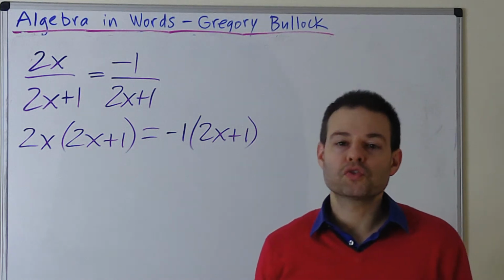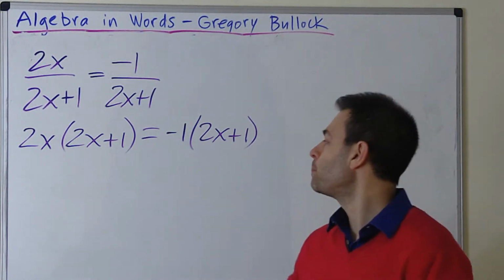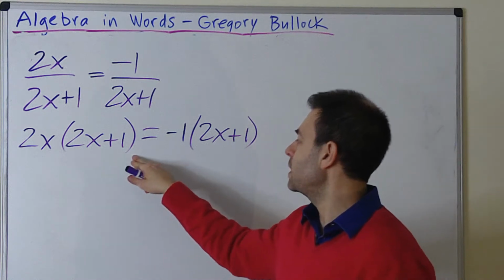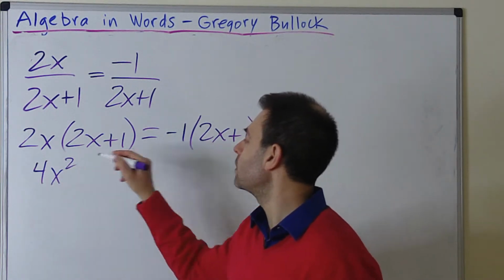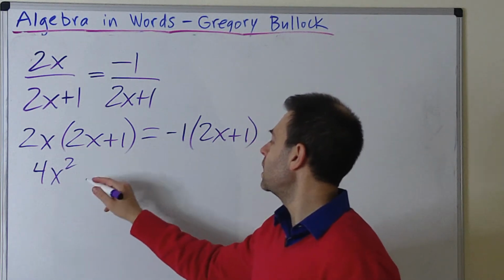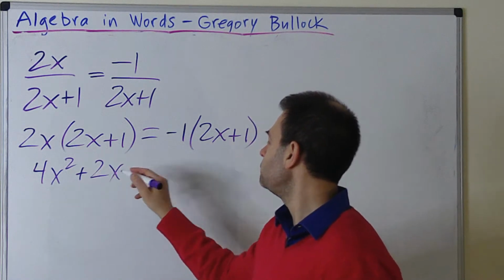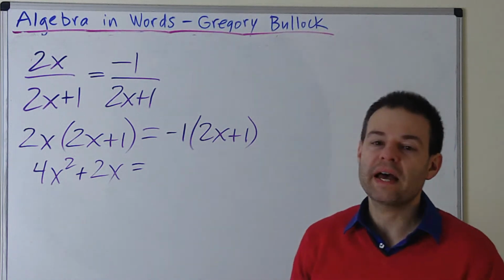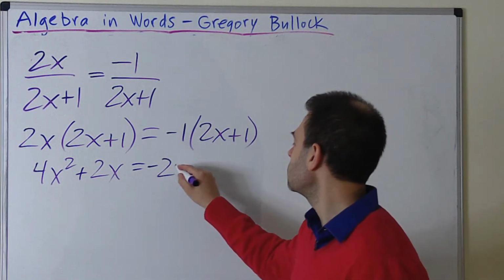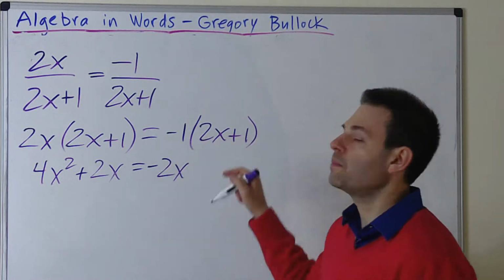And now let's just distribute and multiply through where we can. So 2x times 2x is 4x squared, and 2x times 1 is 2x. Then on the right, we have negative 1 times 2x, which is negative 2x, and negative 1 times positive 1, which is negative 1.